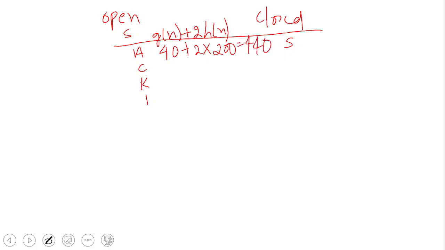For C, the distance S to C is 80, plus 2 into the h of n value for C, which is 170. So we will get 420. For K, this is 50 plus 2 into h of n, which is 150, so we get 350.